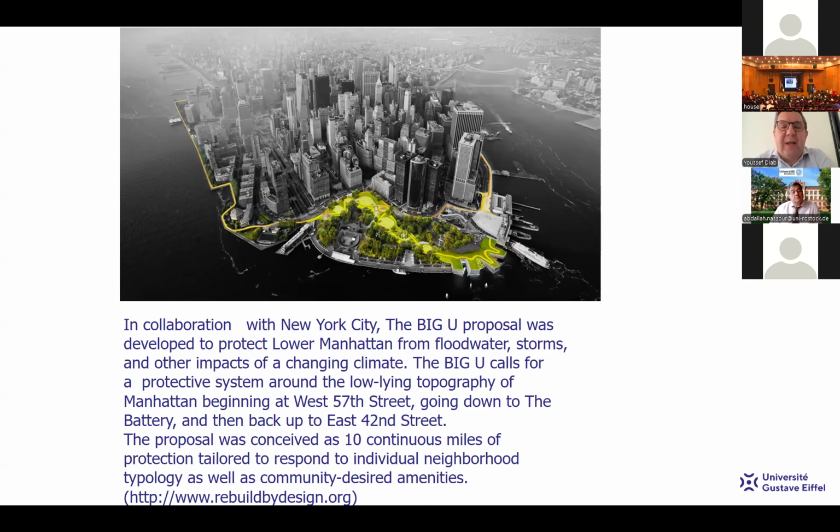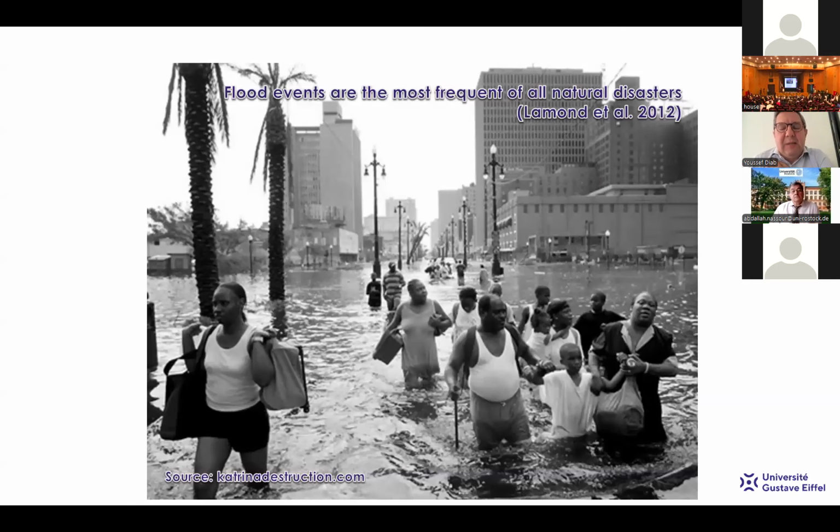Another example is the work we did after Hurricane Katrina in New Orleans, about how to build back better the city. I selected these photos because it's very relevant that resilience is a part of sustainability.